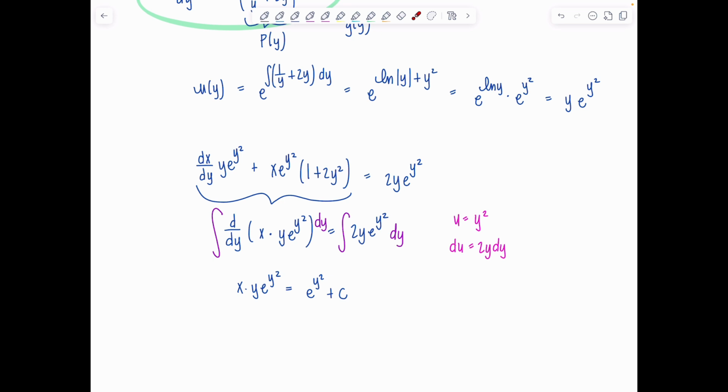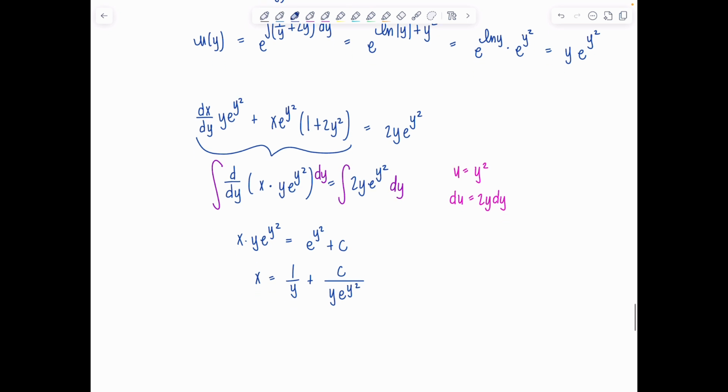And then from here, can we get x by itself? Divide by y e to the y squared, we sure can. So then x equals 1 over y plus c over y e to the y squared. Do we like that? Sure.